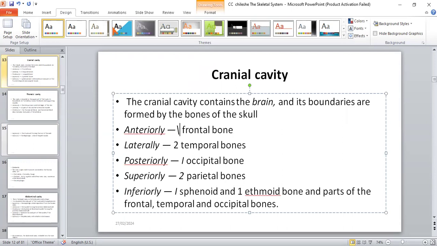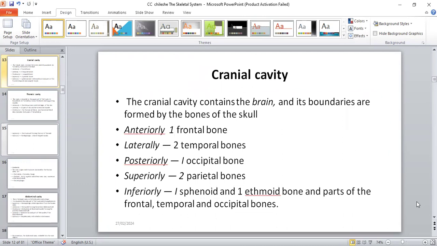Laterally, we have 2 temporal bones. Posteriorly, we have 1 occipital bone. Superiorly, we have 2 parietal bones, and inferiorly, we have 1 sphenoid bone and 1 ethmoid bone. You'll be able to understand all these bones and where they are located.